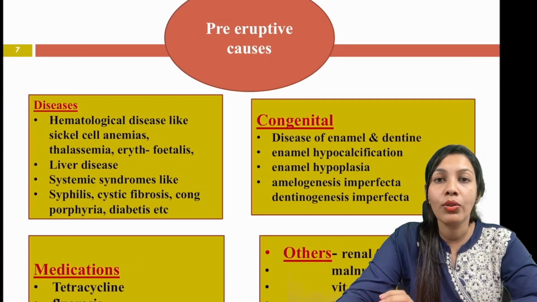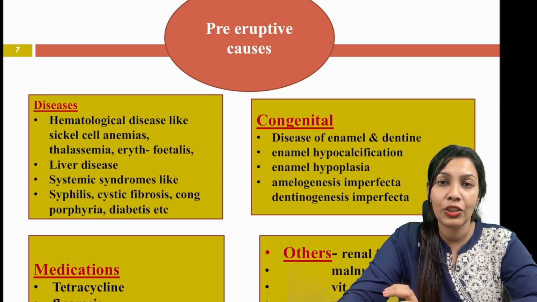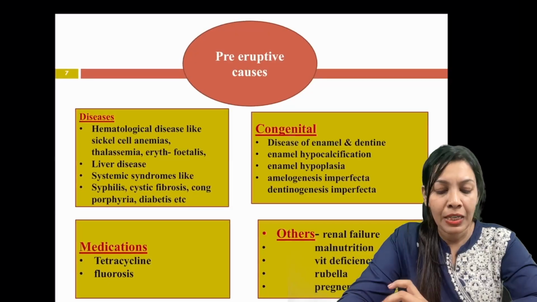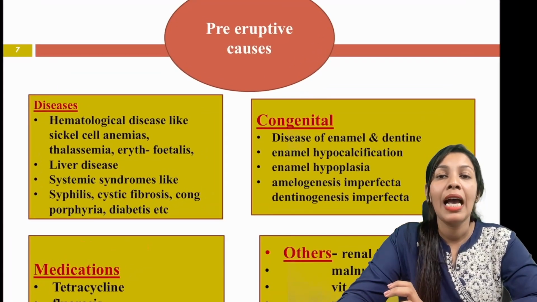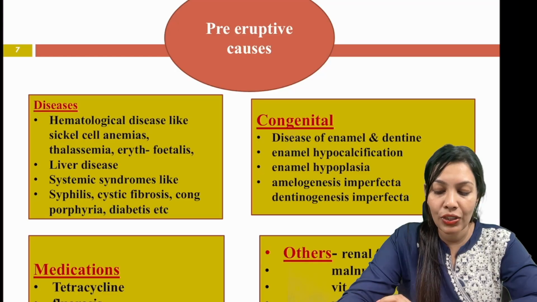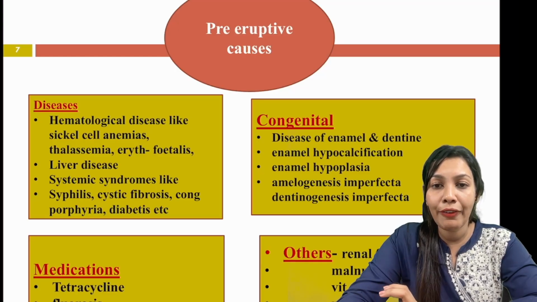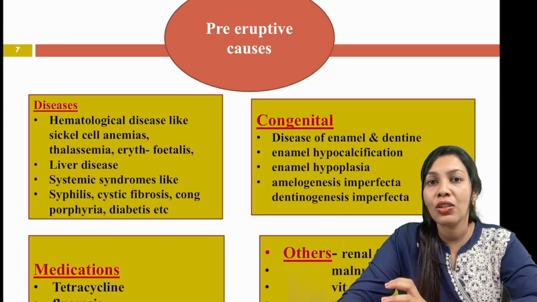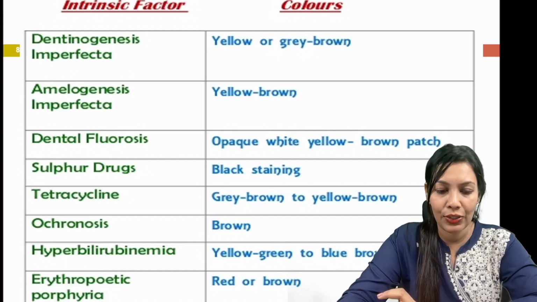Congenitally, we know that conditions like amelogenesis imperfecta, dentinogenesis imperfecta, and erythroblastosis fetalis show discoloration, and enamel hypoplasia, the usage of medicaments, and the condition of fluorosis along with tetracycline can cause discoloration. Renal failure is another reason, and malnutrition and vitamin deficiency are also reasons for discoloration.